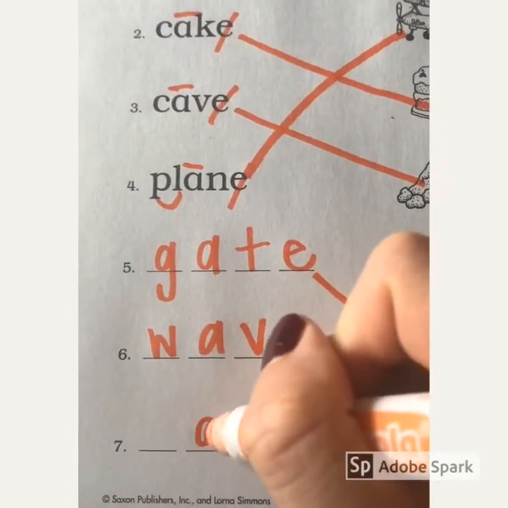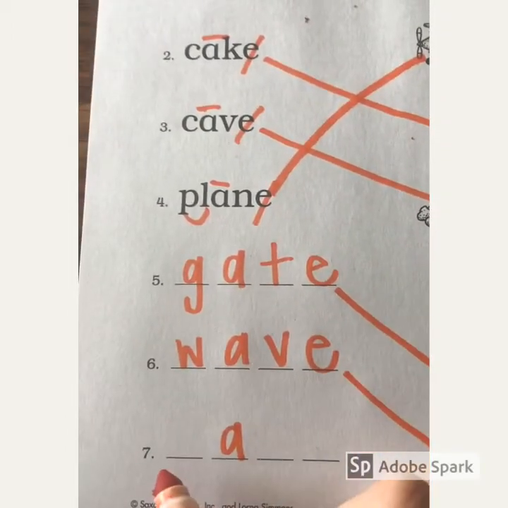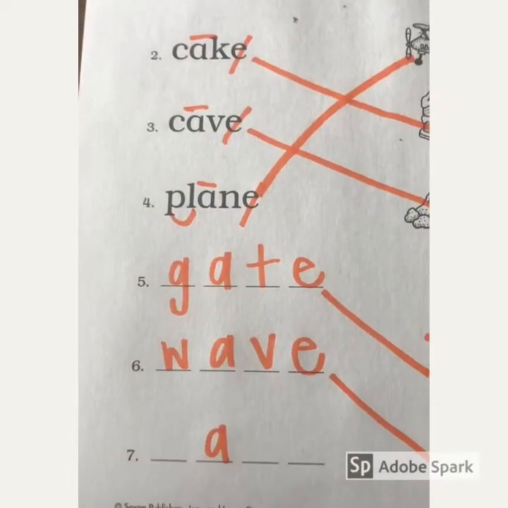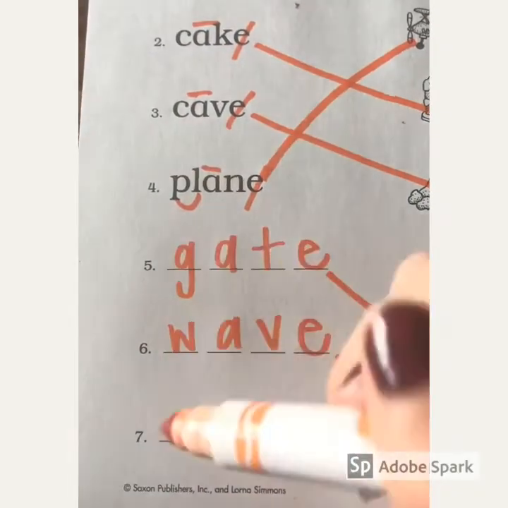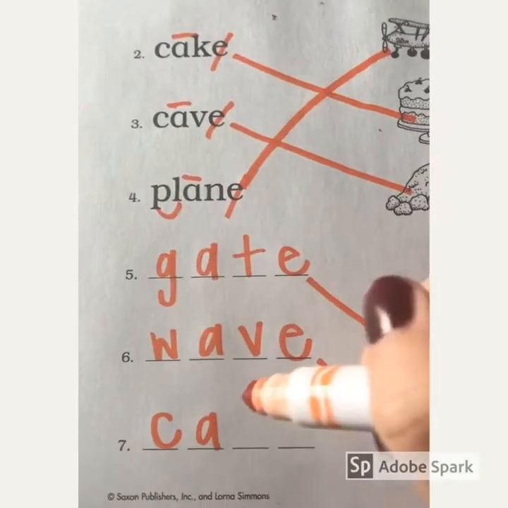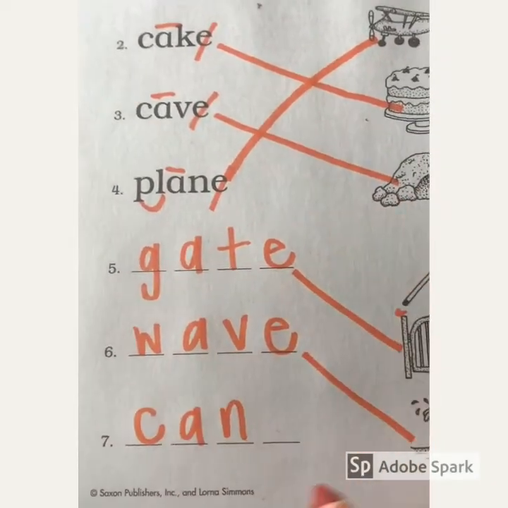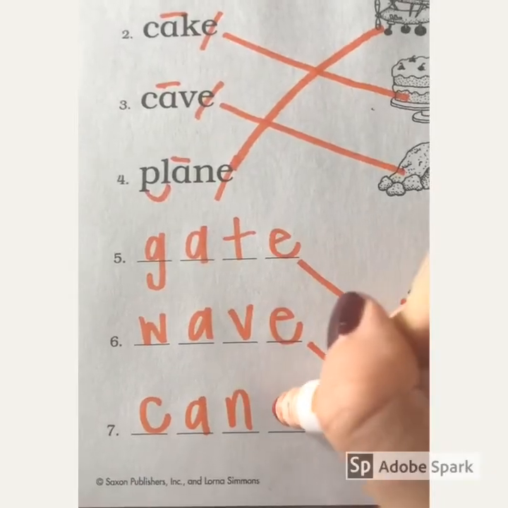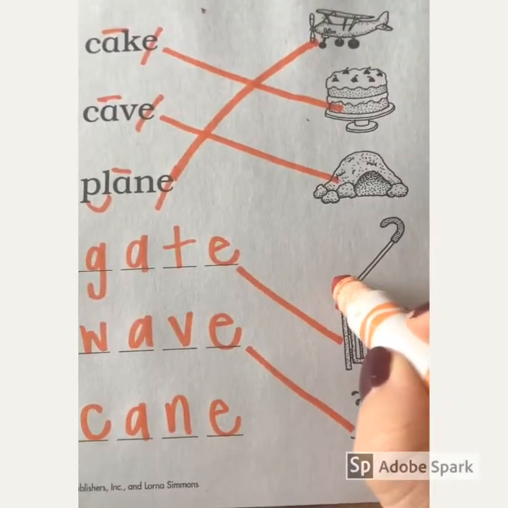A comes after. And does C or K go with the letter A? C does. K-A-N. N. And we're missing our sneaky E. Perfect. Draw a line to the cane.